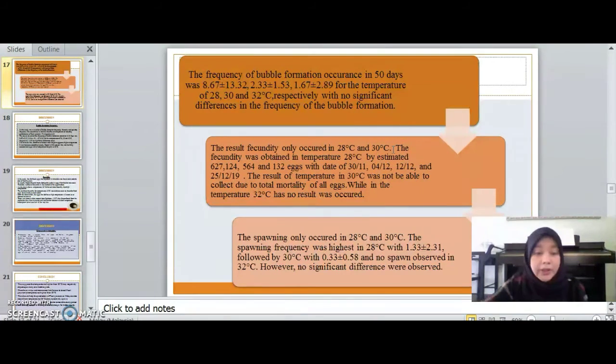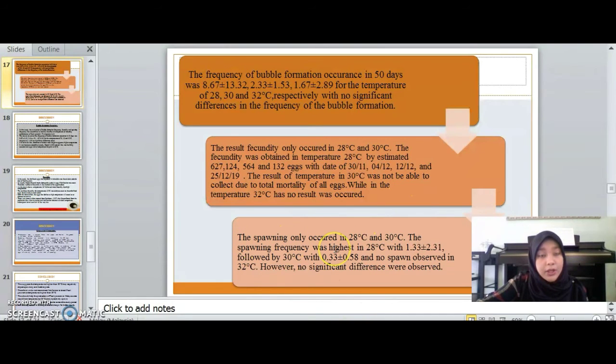Okay, fecundity obtained at temperature 28 was estimated at 624, 124, 564 and 132 eggs. Temperature 30 was not able to be counted due to total mortality of the eggs, so it remained 0 until the end.